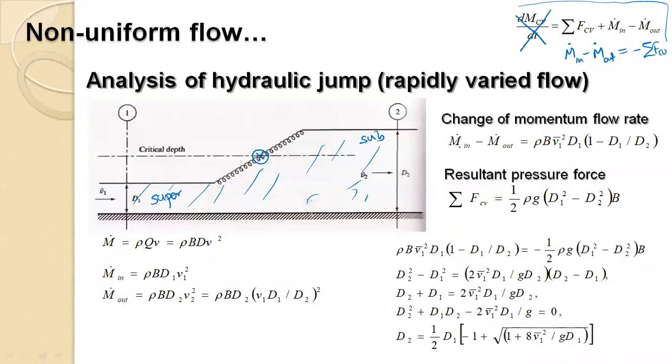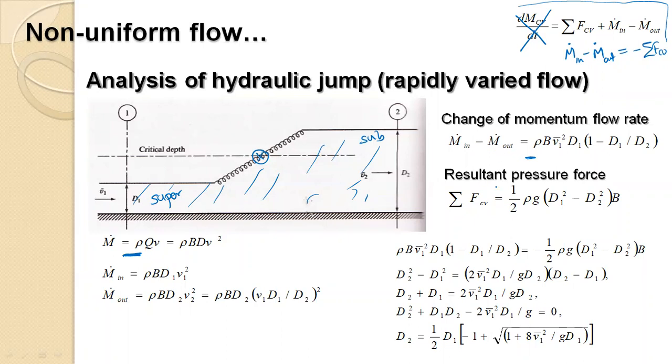Now, if I take the momentum flow rate in minus momentum flow rate out using the continuity equation and rho Qv, this is the momentum flow rate, and if I do that substitution here, I get the difference between the momentum flow rate in and out.